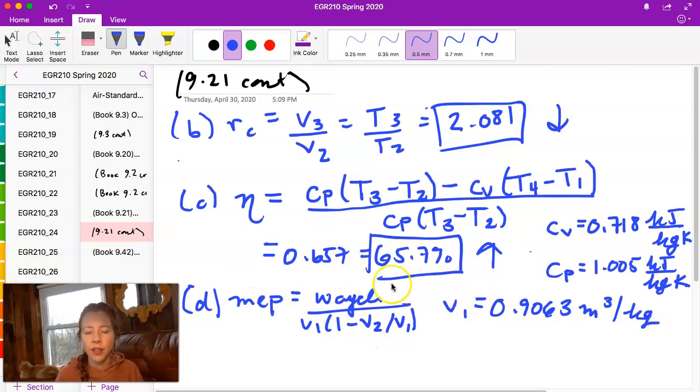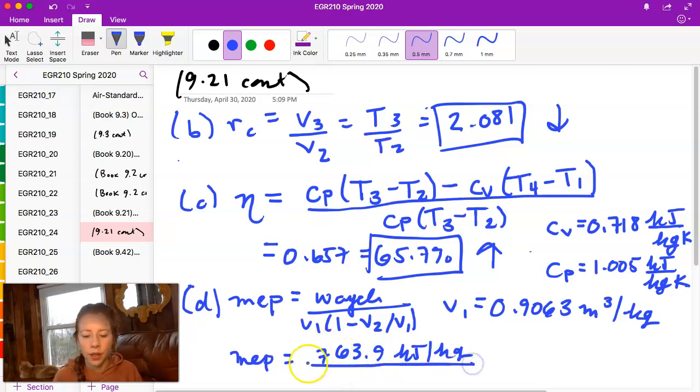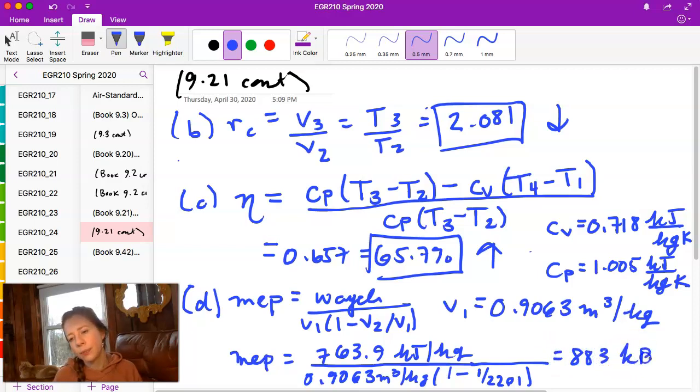So then when we plug everything in, remember W_cycle is going to be the numerator of part C. And so MEP is going to be 763.9 kilojoules per kilogram over 0.9063 meters cubed per kilogram times (1 minus 1 over part A). We got r is 22.01. And this is going to give us 883 kilopascals.